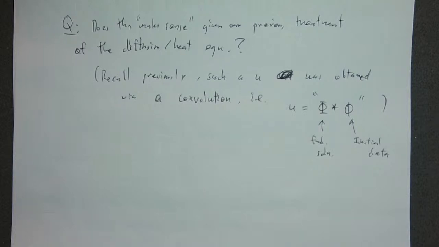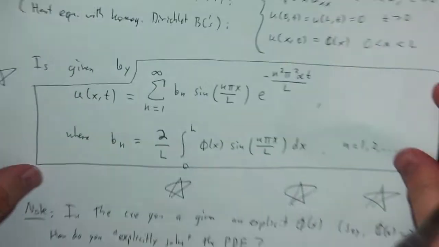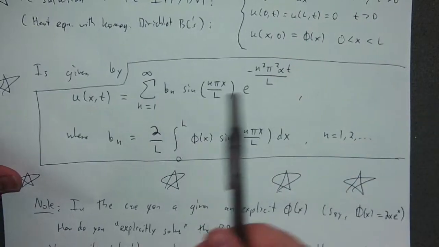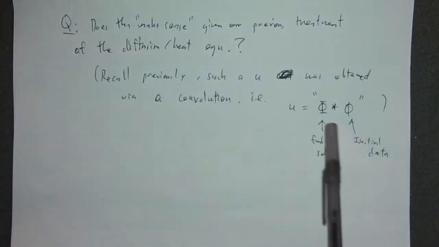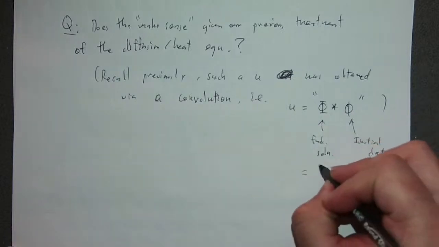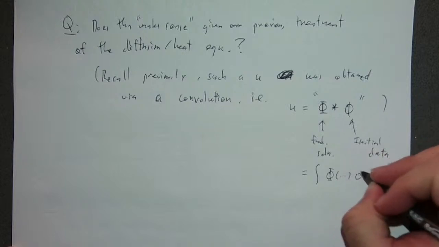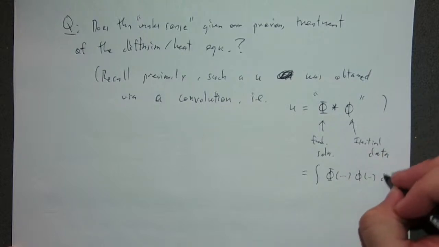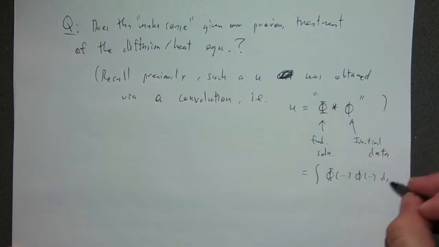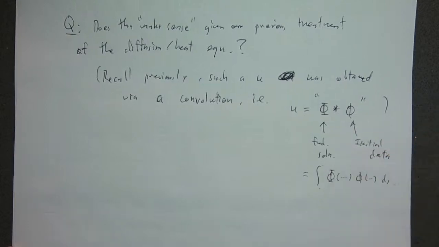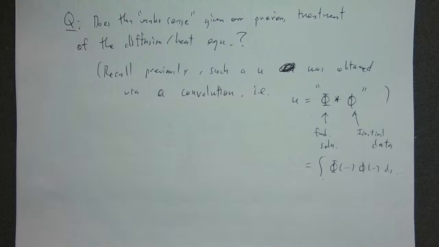Well, you have to question: does this look like a convolution? Remember, a convolution is like the integral of phi, and there's some stuff times phi with respect to some s, t, y, whatever, right? Does it look like this?